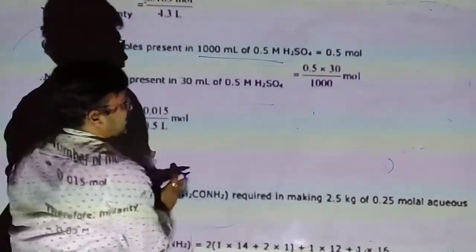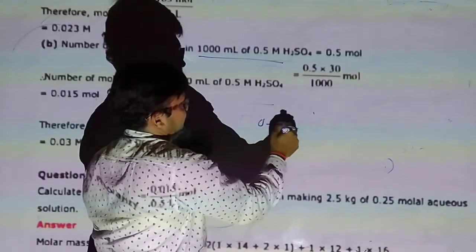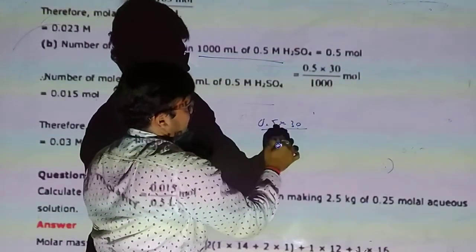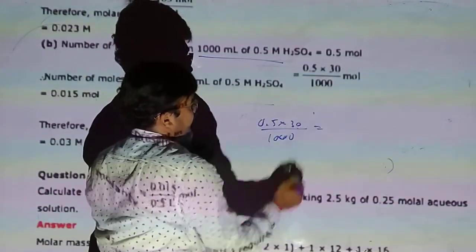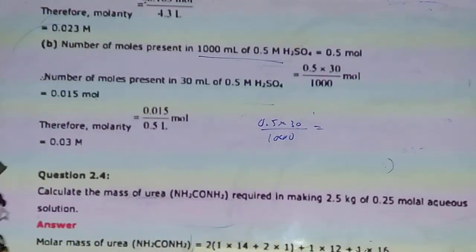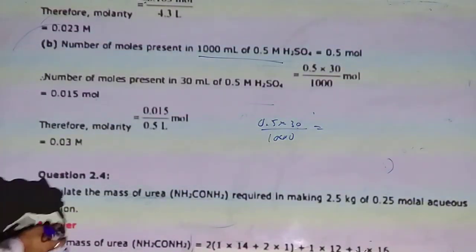So 0.5 into 30 milli divided by 1000 gives the moles, 0.015 mole. Divide by 0.5 liter, 500 milli is given. So 0.03.